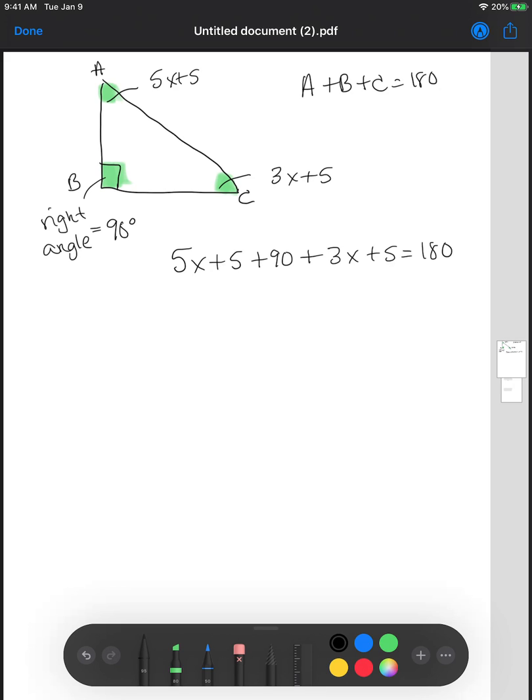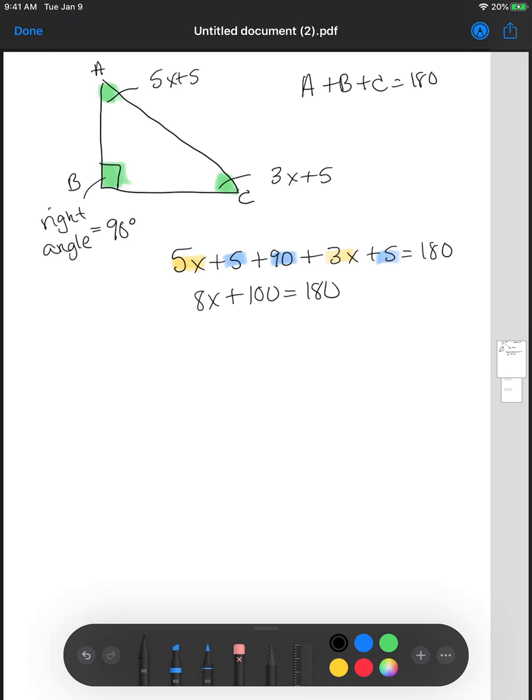I can simplify this. I can combine like terms. So I'm going to combine all of my x's together, which 5x plus 3x is 8x. And then I'm going to combine my numbers, which is 90 plus two 5s, which is 10, so 100, which equals 180.